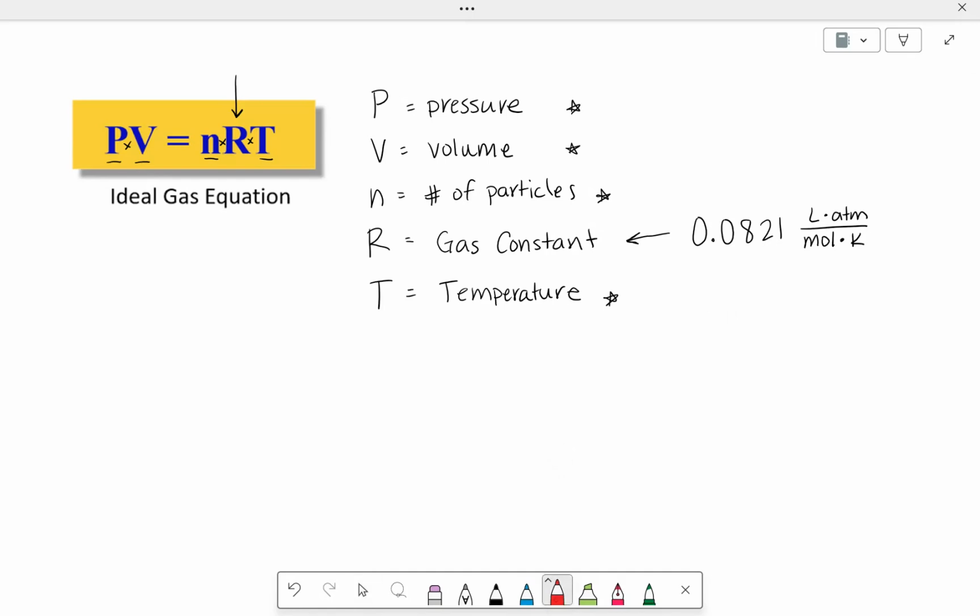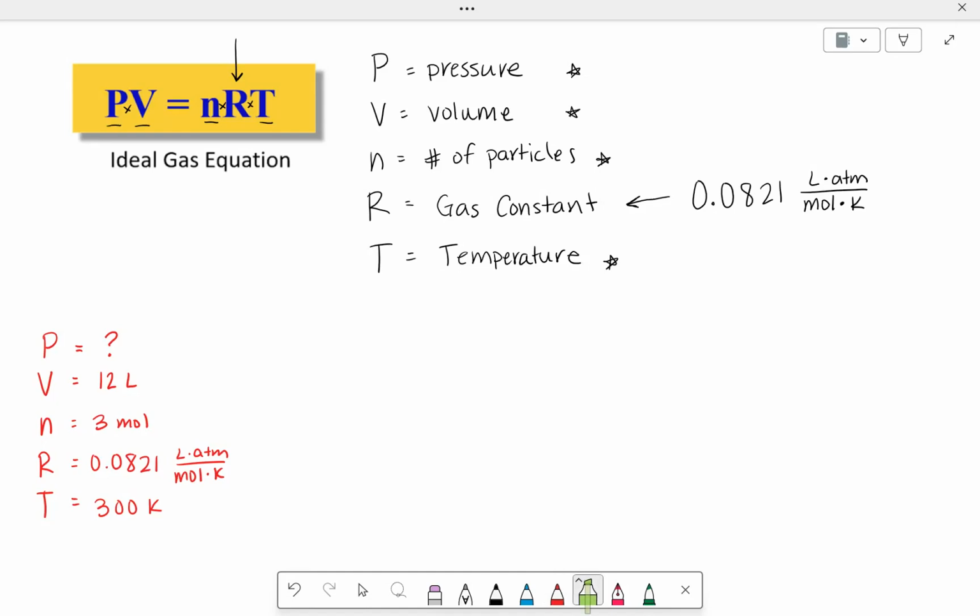So let's just pretend we are doing a question and we have some variables like this. Notice this unit matches all of the other units. When we solve for pressure, it's going to be in atmosphere, so it matches our gas law. Whenever you solve for something, your unit is going to be inside the gas constant units. If we're going to solve like this, we can do it 2 different ways.